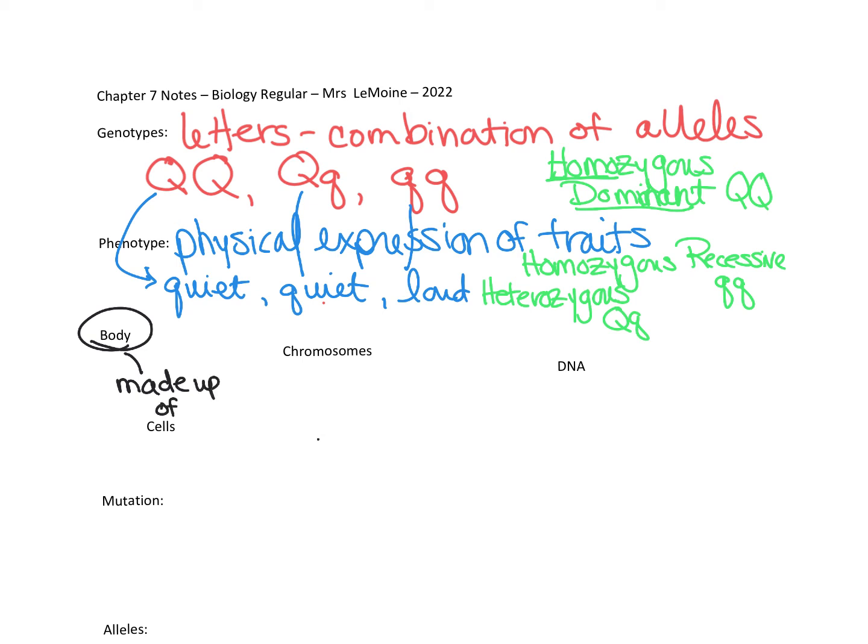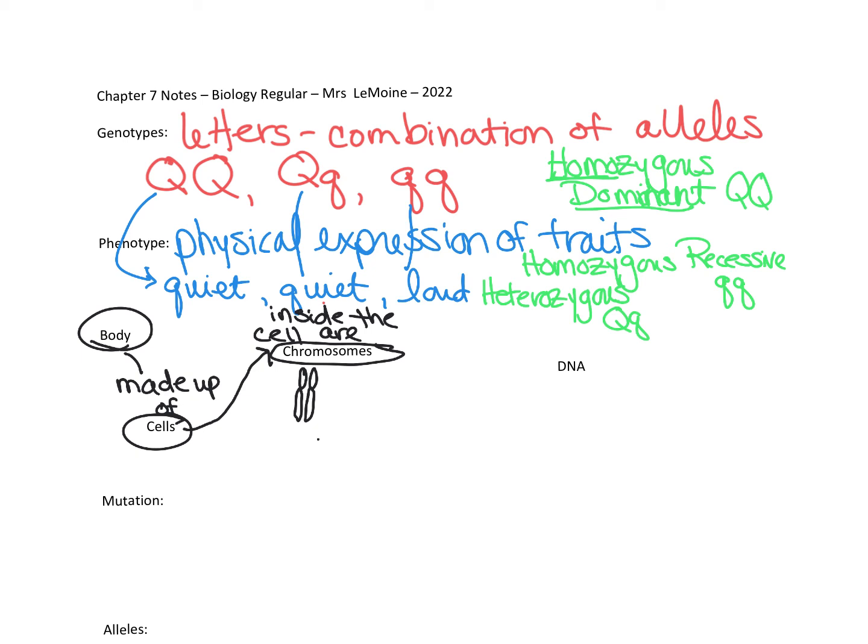And inside every single one of those trillions of cells in your body are your chromosomes. You get one chromosome from your mom and one from your dad. And on those chromosomes, that's where we're going to find those genes.